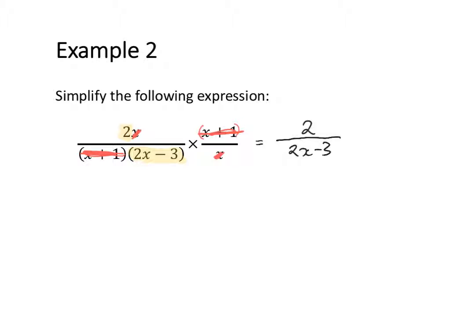My last step is to see if I can simplify my answer. Because the 2x is part of a 2x minus 3, an addition and subtraction, I can't do anything with my 2's and I can't simplify it any further. So my answer is 2 over 2x minus 3.